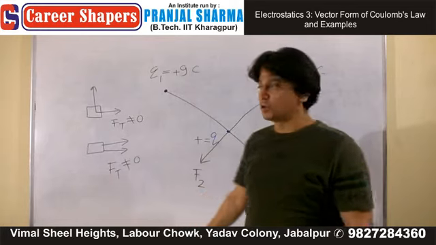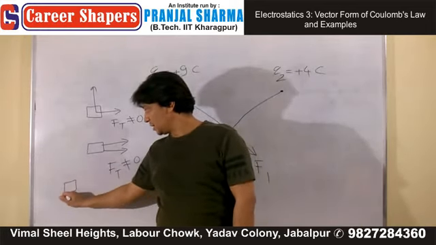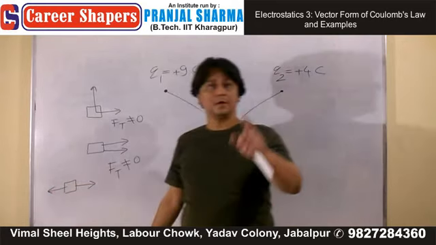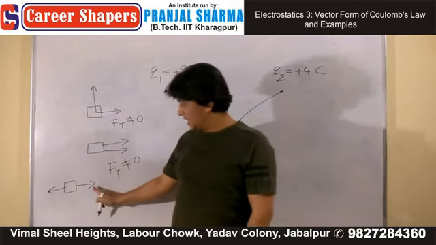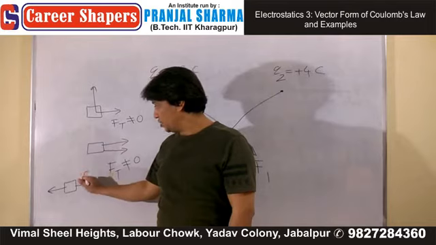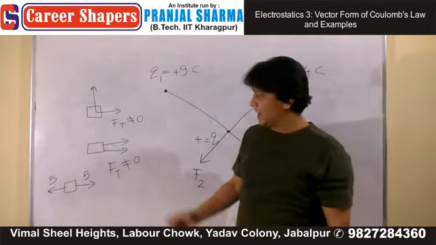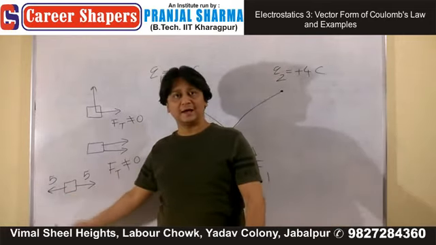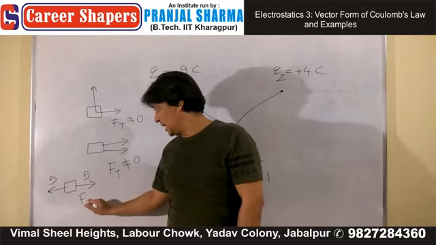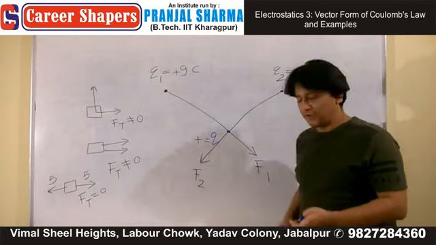When can you make total force zero? If you have a body and body is being pulled by equal and opposite forces. If magnitude of this is 5, then magnitude of this should also be 5, and they both should act in opposite direction, then only F total can be zero. Very simple fact.